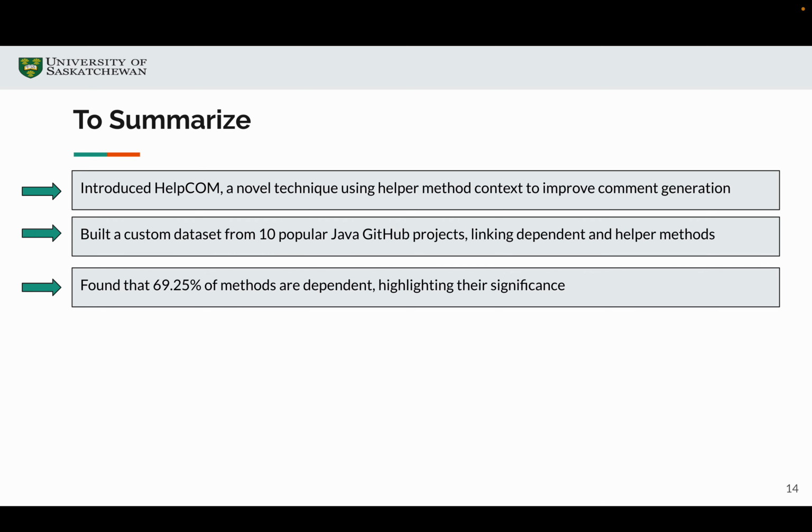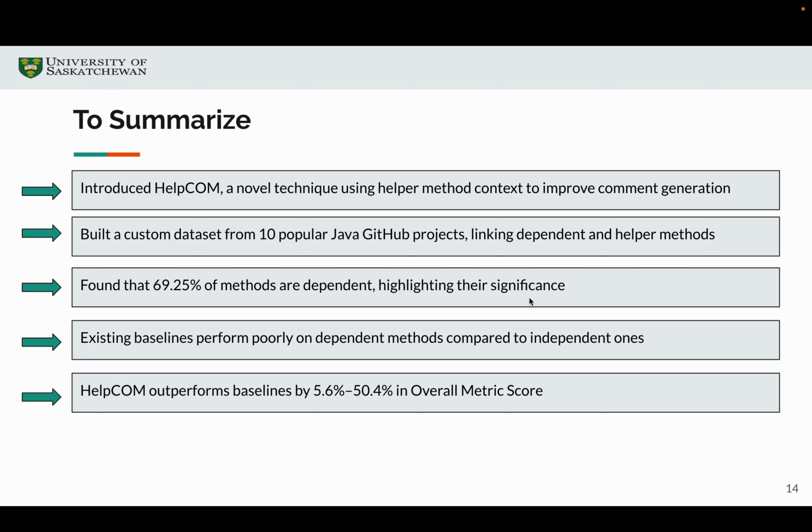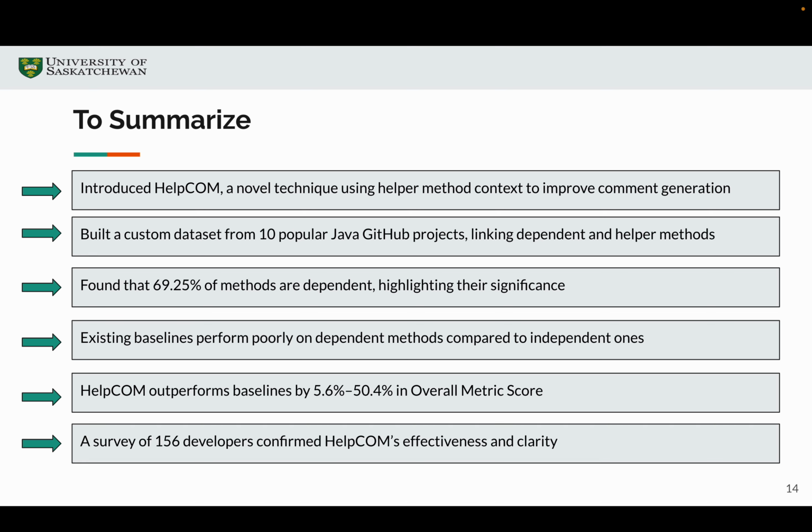We also found that existing baselines perform poorly on dependent methods compared to independent ones, and our solution HelpCom outperforms baselines by 5 to 50% in overall metric score, which shows how useful it is to give context while generating comments. And finally, our survey of 156 developers confirmed HelpCom's effectiveness and clarity.